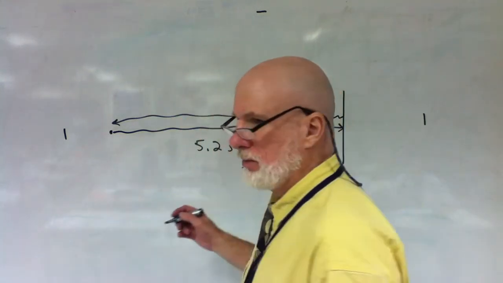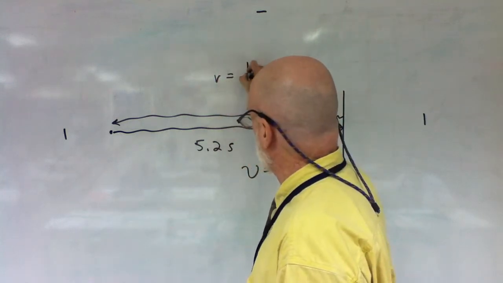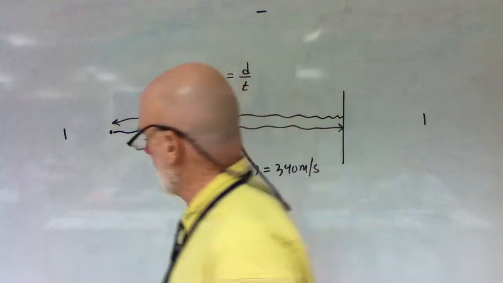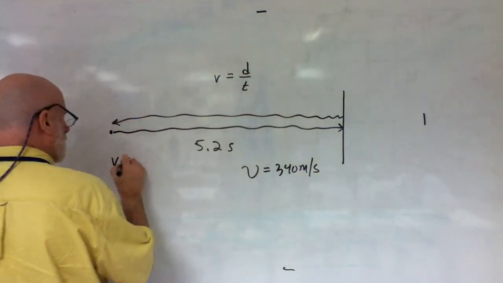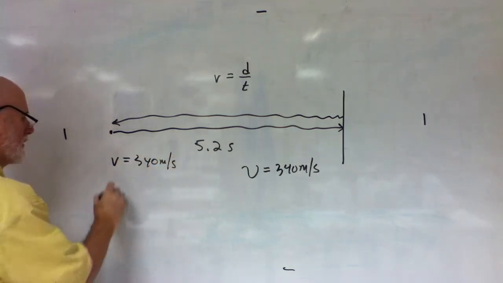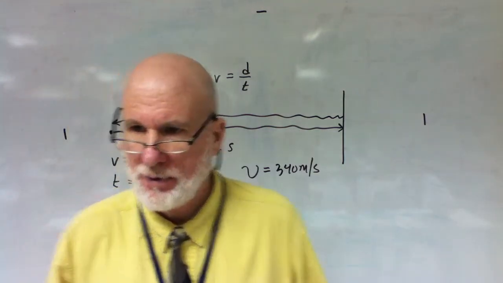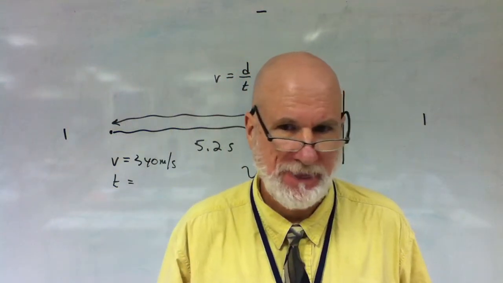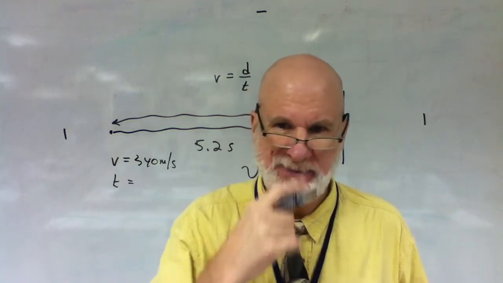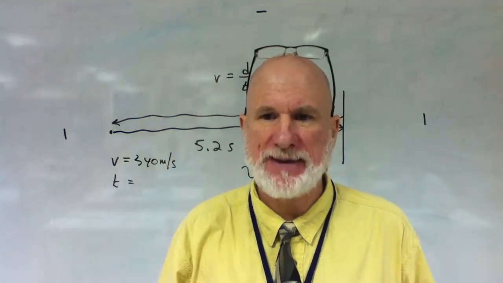Well, what do we know? We know that V equals distance over time. Correct? We know that the velocity is going to be 340 meters per second. What is going to be the time? Where do you get 10 seconds from? No, 5.2. Mohammed says 10 seconds. I'm wondering, where did you get 10 seconds from?